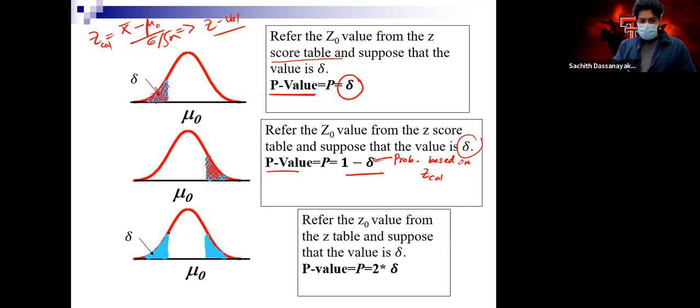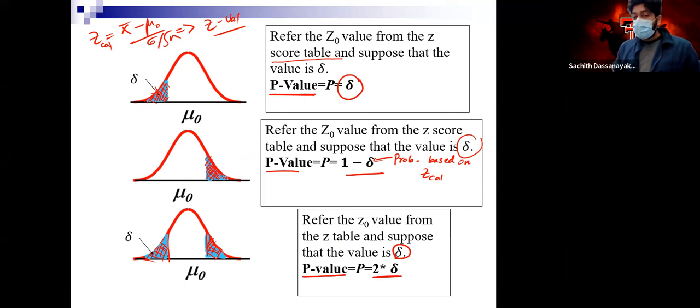Okay, this one is the two tail case. Again here we denote this one area delta, doesn't matter. So from the C table you find this one. Then your p value you can calculate as 2 times that guy.